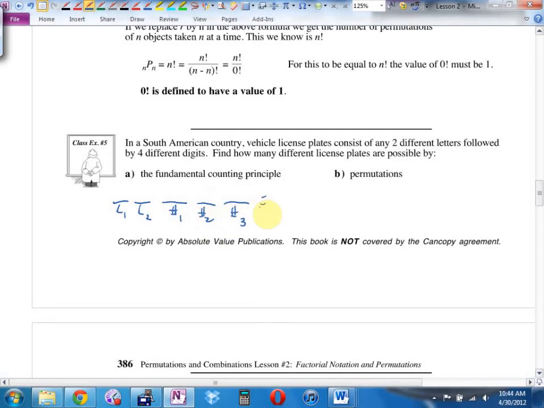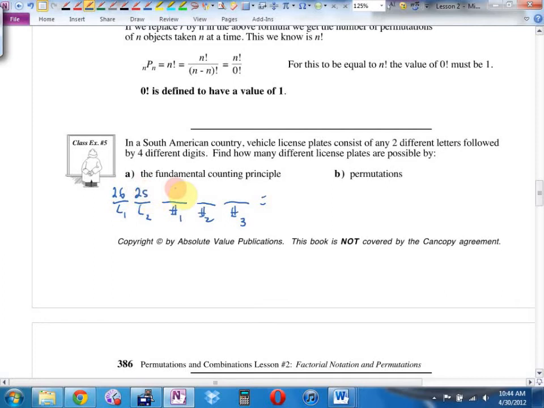We could do it this way from last day's lesson. How many choices do I have for the first letter, Ryan? No, I'm picking 2 letters, but how many choices do I have? 26. And then it says they have to be different, so how many choices do I have for the second letter?